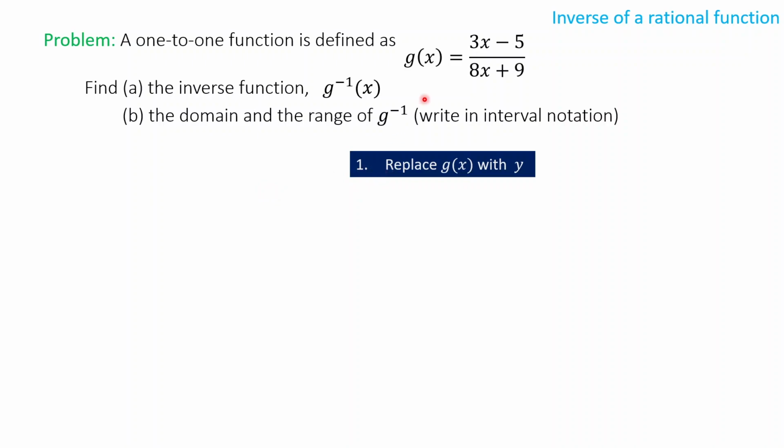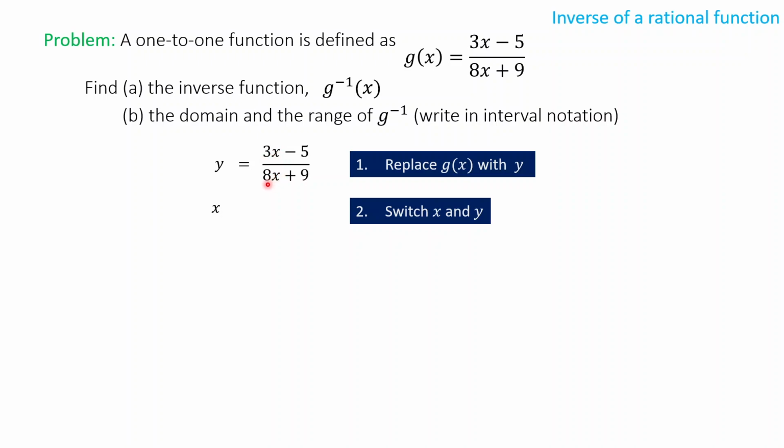To find the inverse function, first you need to replace g of x with y. So g of x is y, that is equal to, write this. Now switch x and y. You need to write this y as x and the x as y.